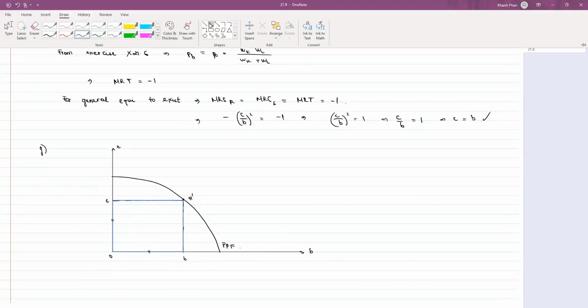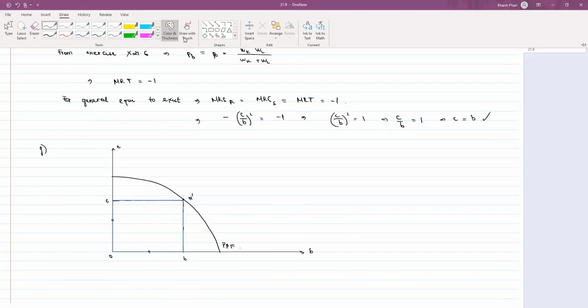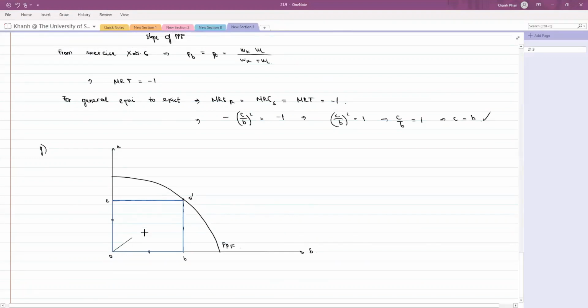And again, I just have a straight line that is going to connect from here to here, just like what I did before.